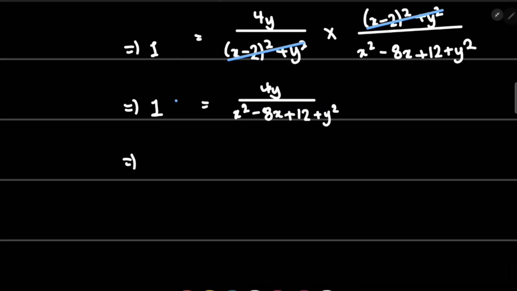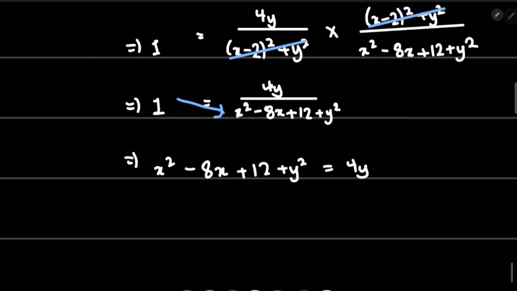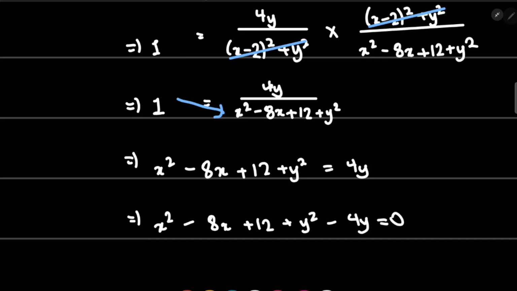So I can cross multiply now. So I'll get x square minus 8x plus 12 plus y square equals 4y. Move the 4y over to the left. So I get x square minus 8x plus 12 plus y square minus 4y equals 0. Now we can complete the squares like we did previously.